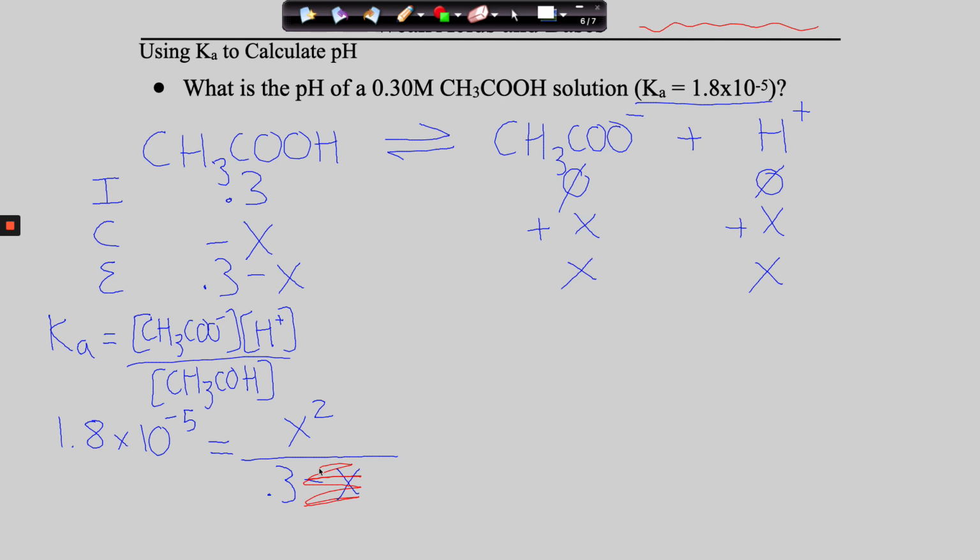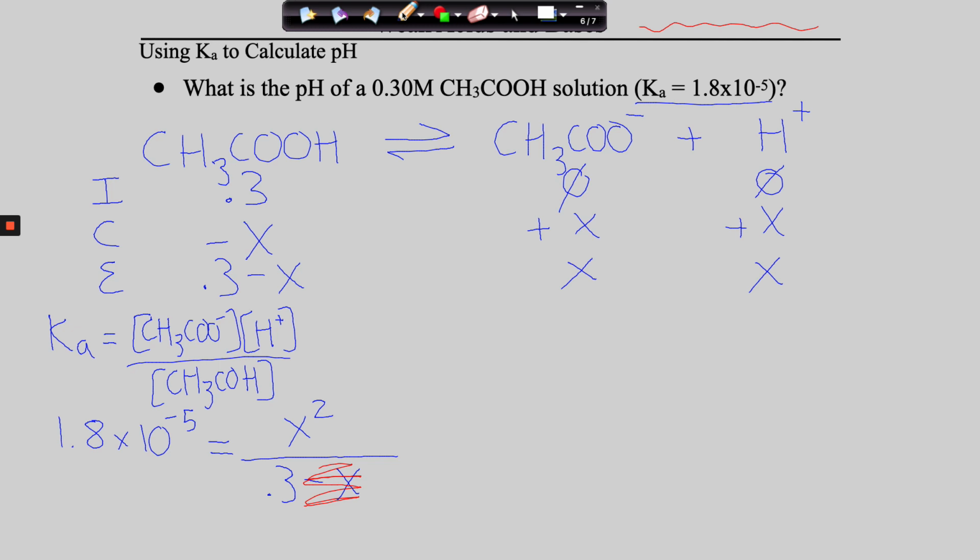Guys, what does that minus X represent? How much the weak acid breaks apart. Right? We started with 0.3 molar and it broke apart some X. But guys, using the Ka value as a guide, we know that the Ka is small.